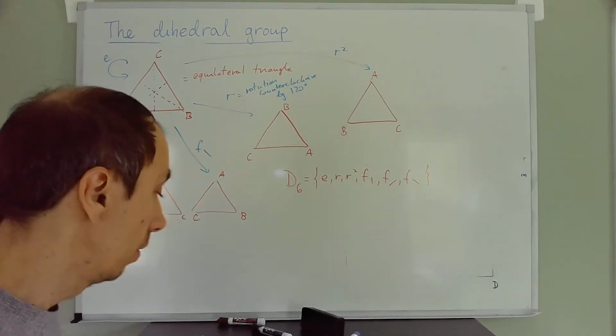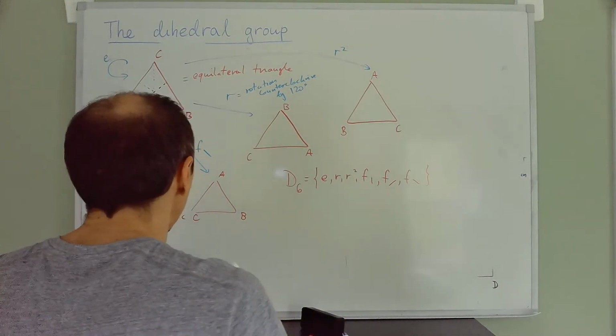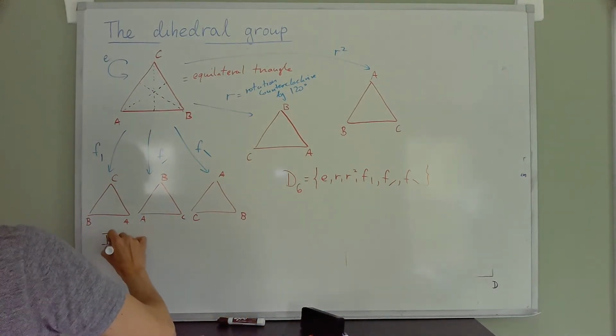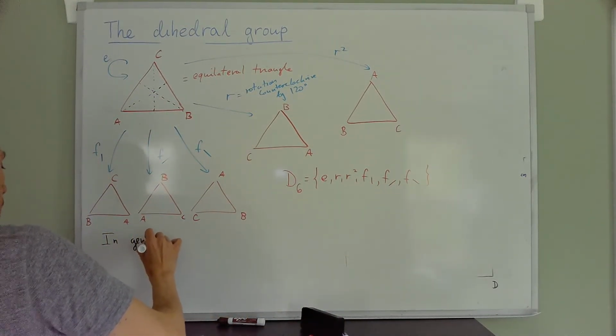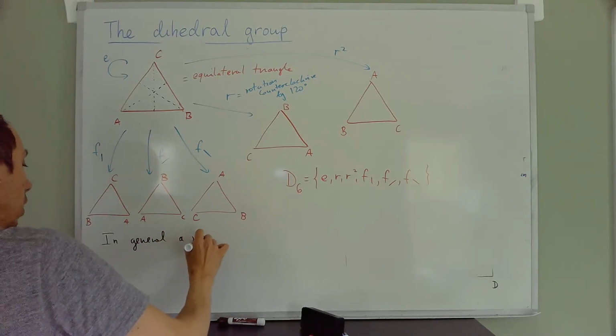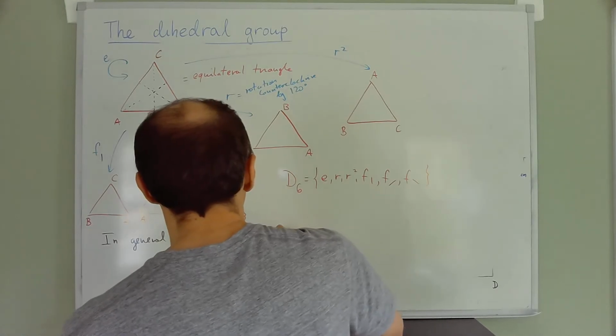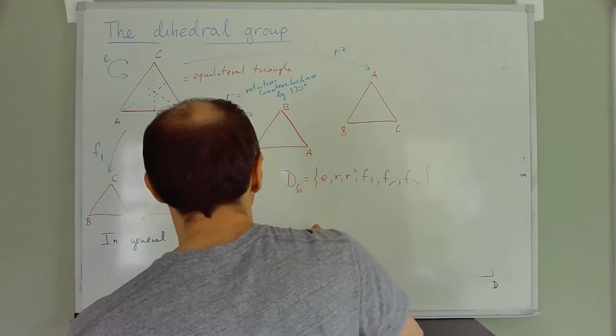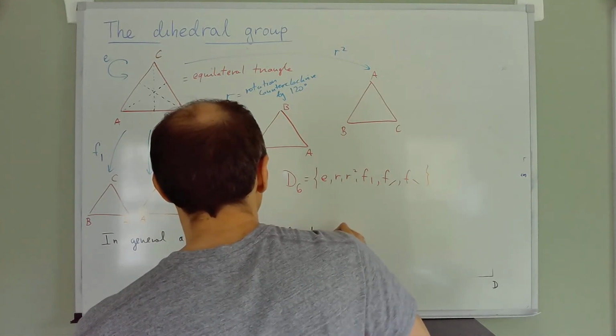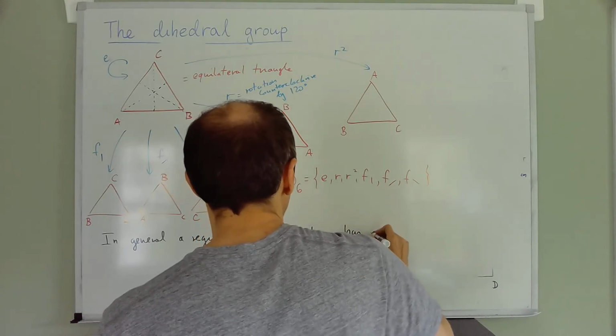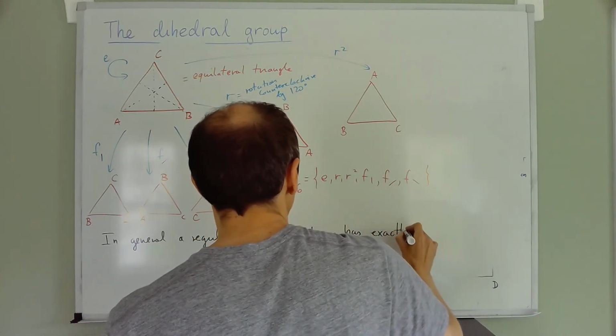So in general, a regular n-sided polygon has exactly 2n symmetries.